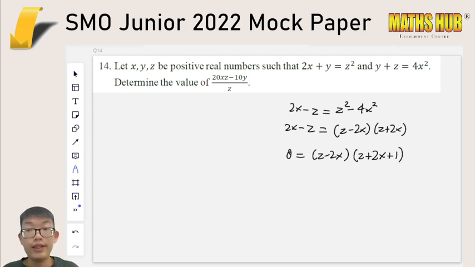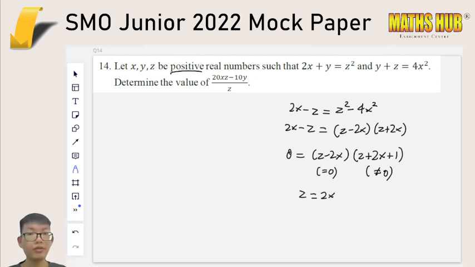Now, notice that because they are positive, this one cannot be 0. So if this cannot be 0, then the alternative is that this must be equal to 0. And if this is equal to 0, it means z is equal to 2x. I can substitute it into here to conclude that y is equal to 4x squared minus 2x.